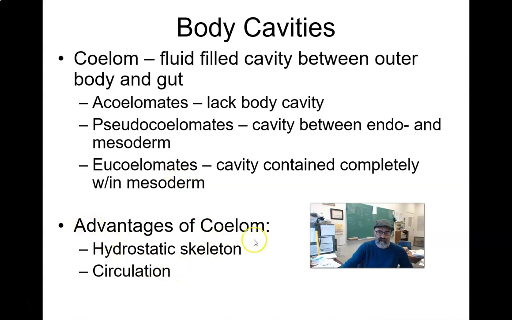And we're going to see that the coelom gives organisms an advantage because it helps with circulation, right? This would be like our peritoneal cavity is our coelom, and that is where a lot of our body fluids are concentrated.